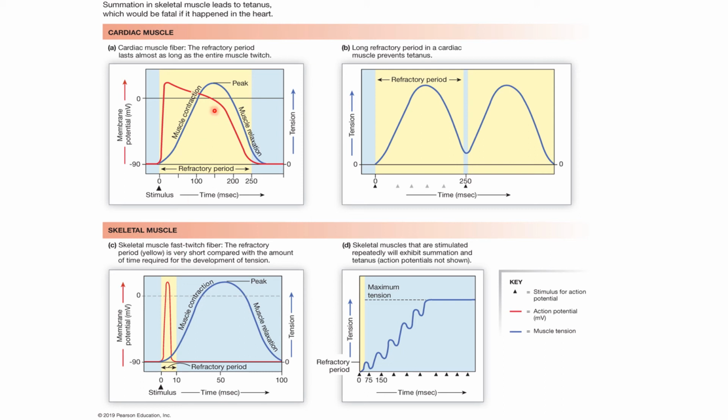Now, why is there such a big difference? The reason is, in our contractile cardiac muscle cells, we hit that plateau phase during our action potential. And that plateau phase right there is what causes the action potential to stay longer.